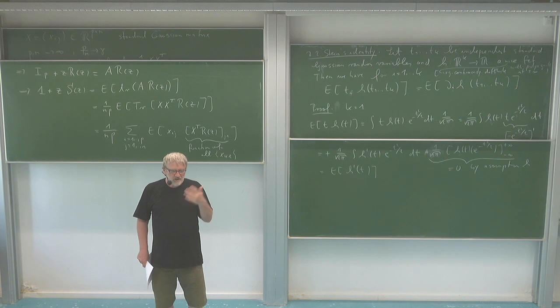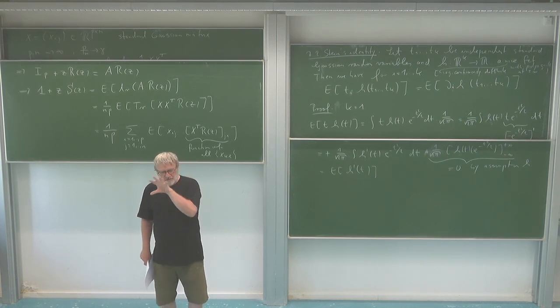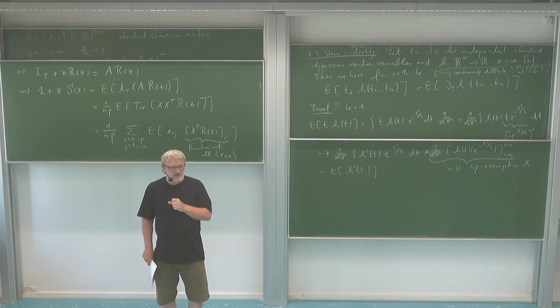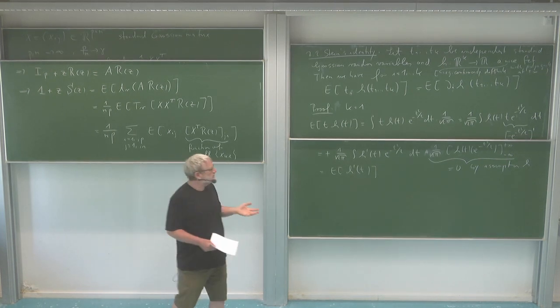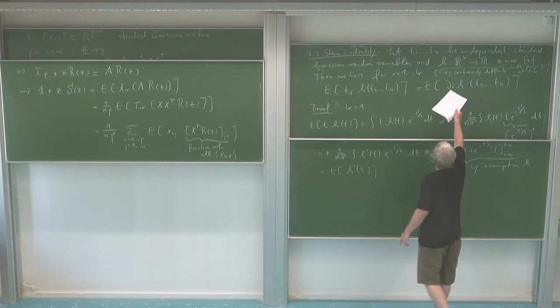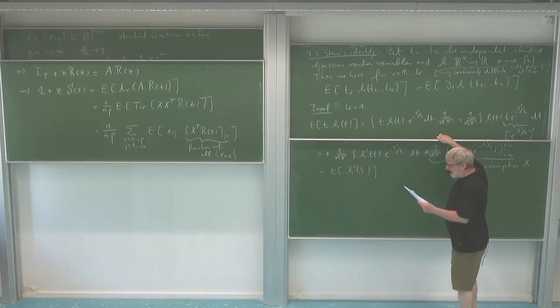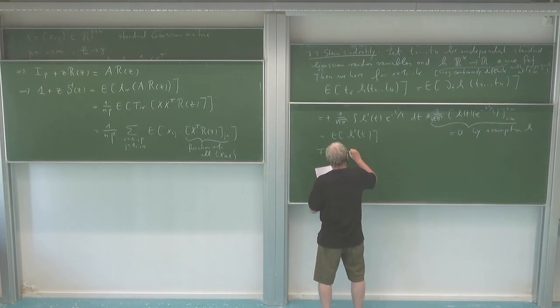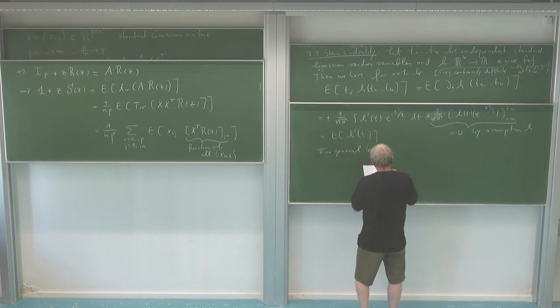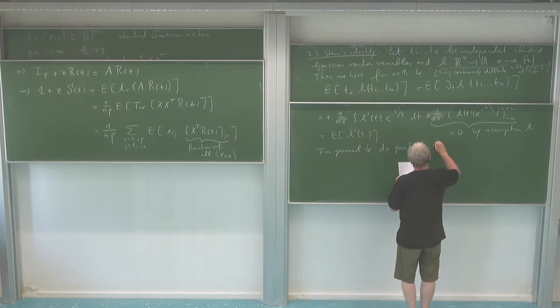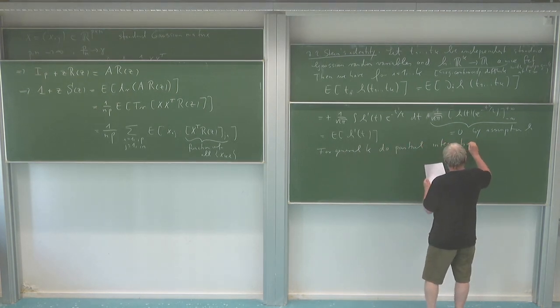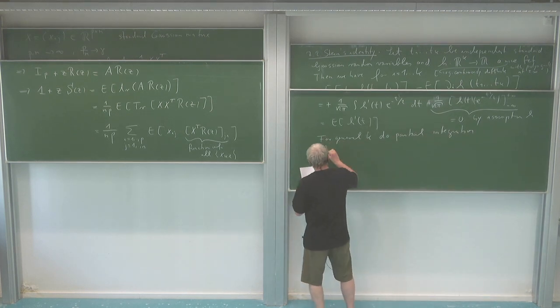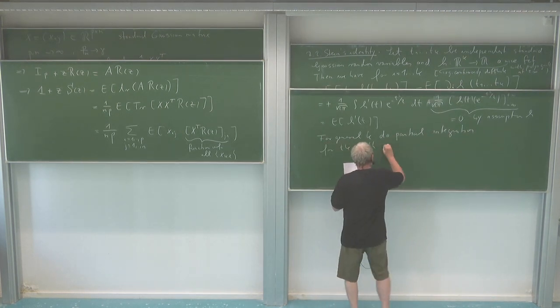So I just have iterated integration with all those densities, and then I just do the partial integration for the ith coordinate, and the other things are not affected. And of course then I get the partial derivative with respect to the ith coordinate. So for general k, do partial integration for the ith coordinate.